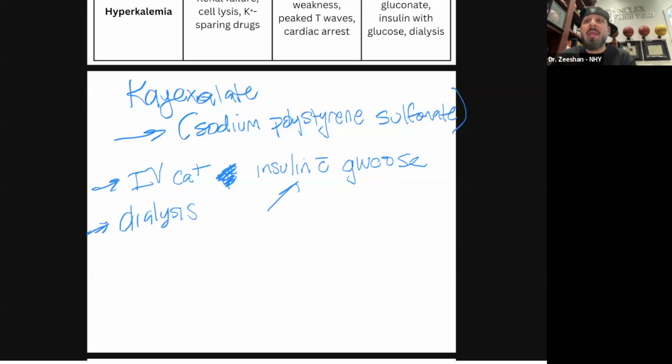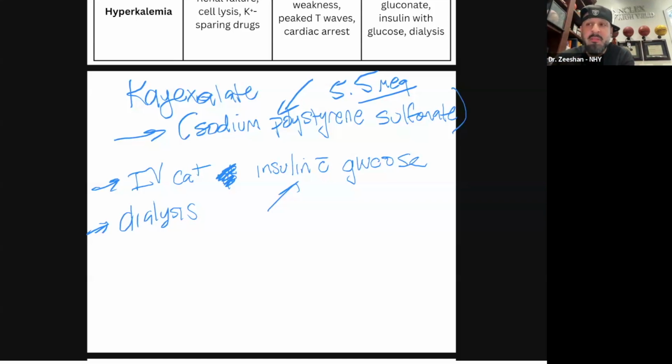When we talk about hyperkalemia, if we're hovering around that 5.5 milliequivalents, we're okay to give the sodium polystyrene sulfonate because it's not an emergency. If they don't have any other symptoms, any palpitations or anything that we can see on an EKG strip, I'm not too concerned about it. So I can take my time and give them sodium polystyrene sulfonate.